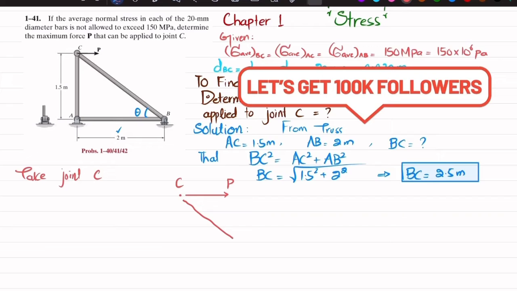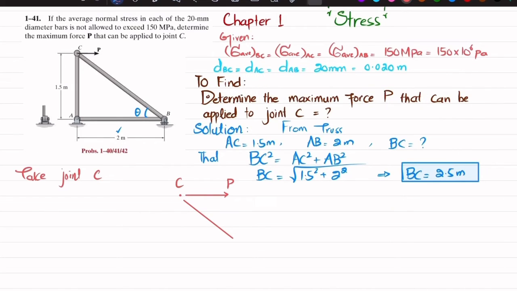Let this load be FBC, and at point C the load due to AC will be like this. Let this be FAC.